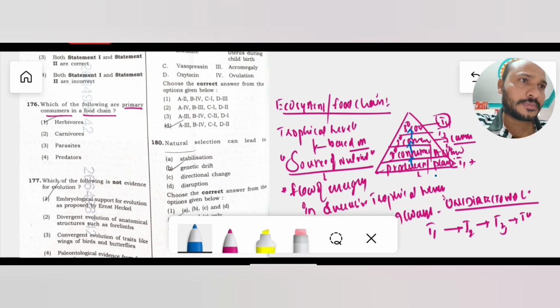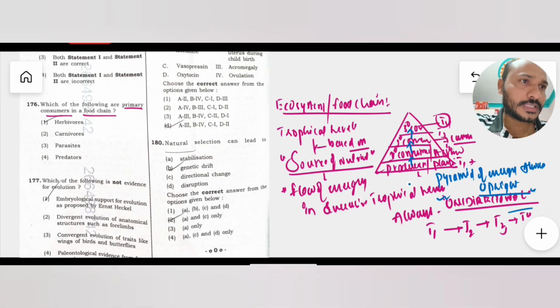Hence the pyramid of energy is always upright, and the flow of energy is always unidirectional only. When the energy flows through successive trophic levels, only 10% of energy is transferred, very, very important.